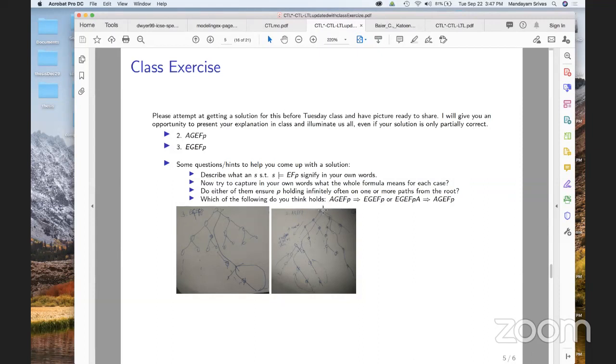Now, on every path, it is not necessary that P itself must hold good on that path. It is enough that there is some path from that state on which P eventually holds good.